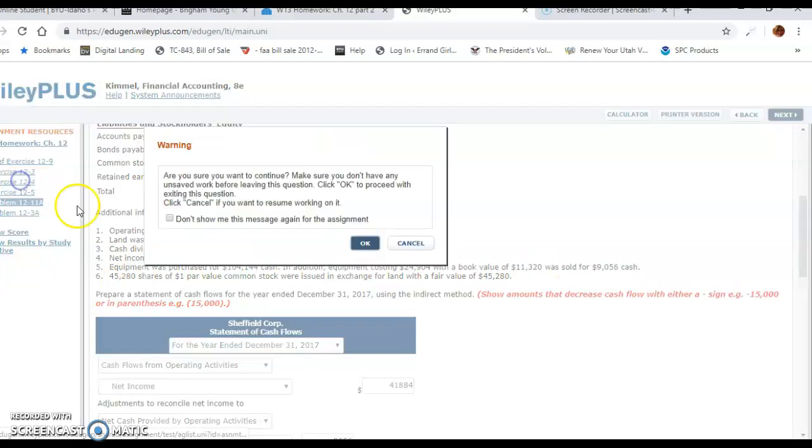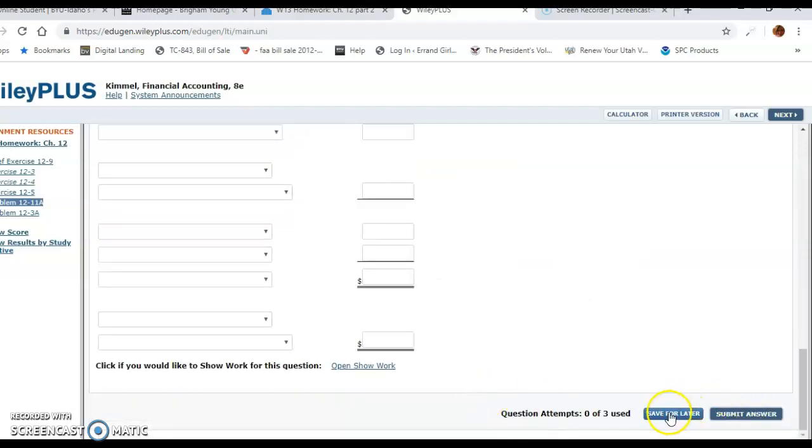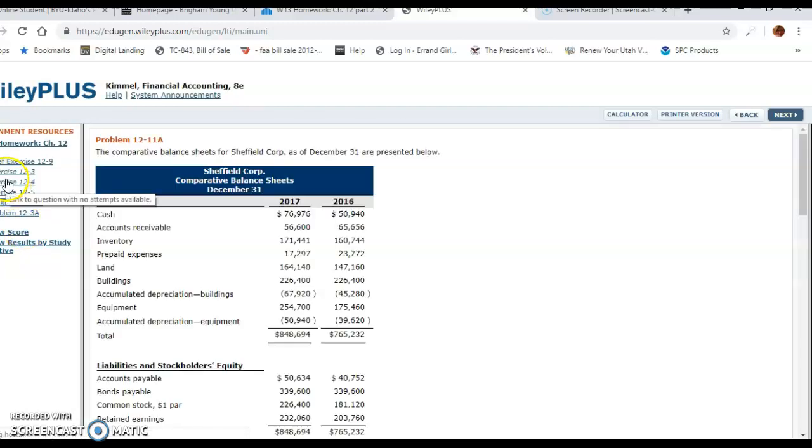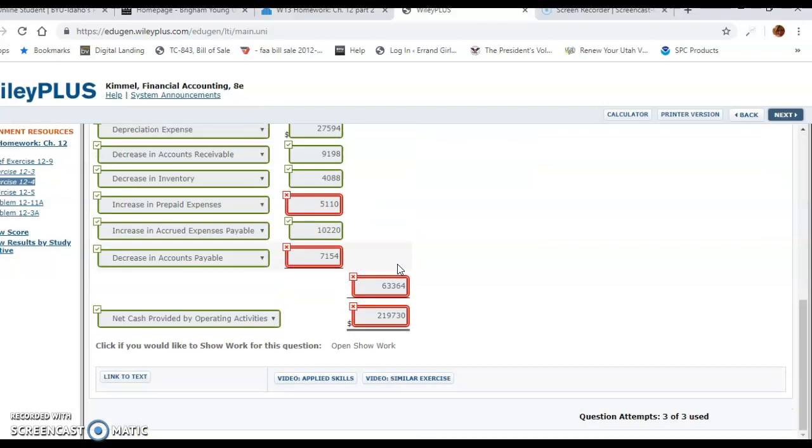And I think, oh, there we go, trying to move to another thing again. Let's save it. Let's see what I did on 12.4. 12.4 was only operating activities, and I messed those up right there.